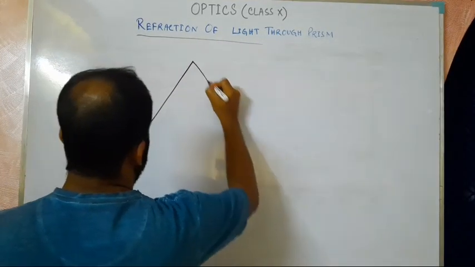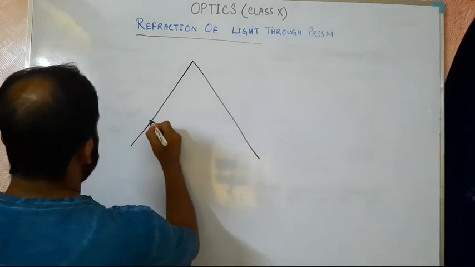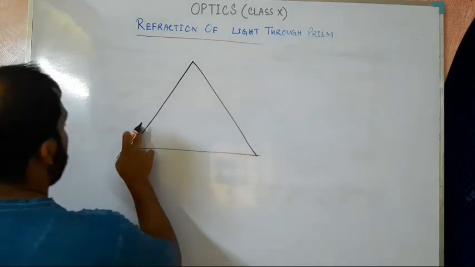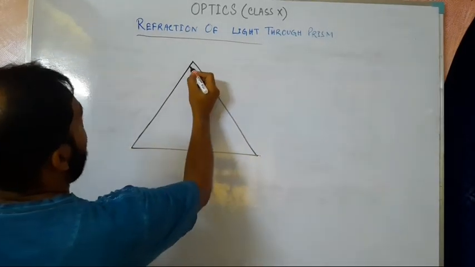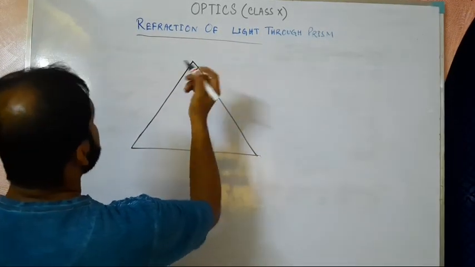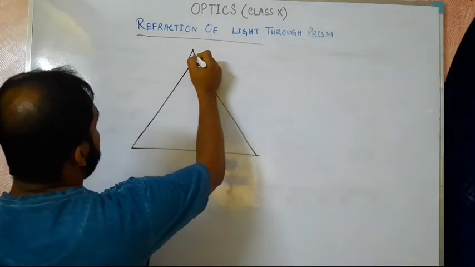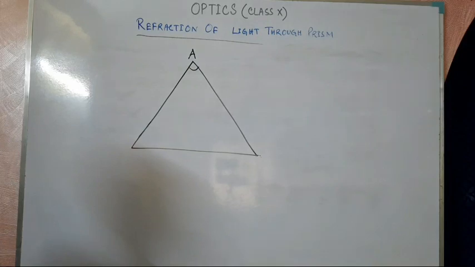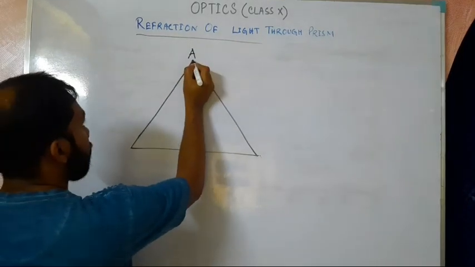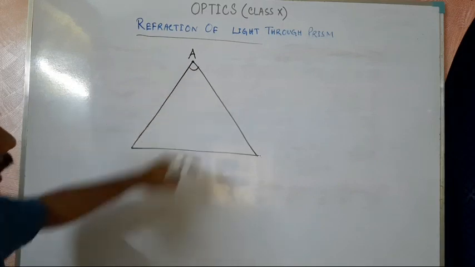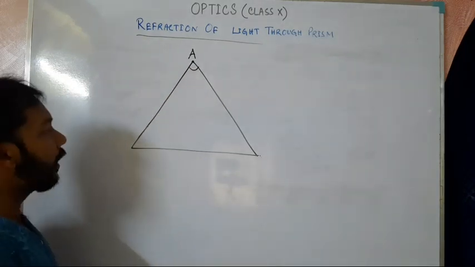Say this is a schematical figure of a prism. This is the base, and this is the most important angle of a prism, which is called prism angle. The alphabet A signifies both the vertex and the angle, or prism angle, I could say.